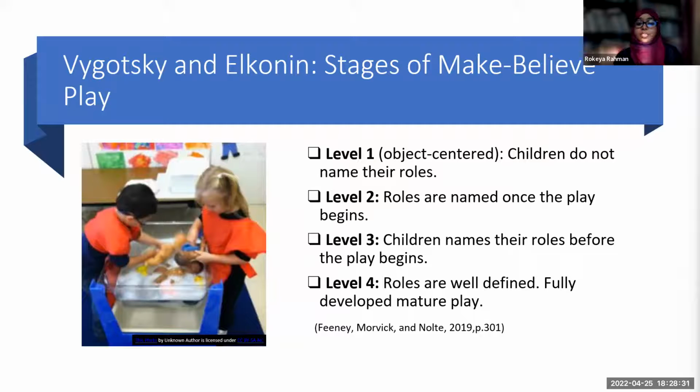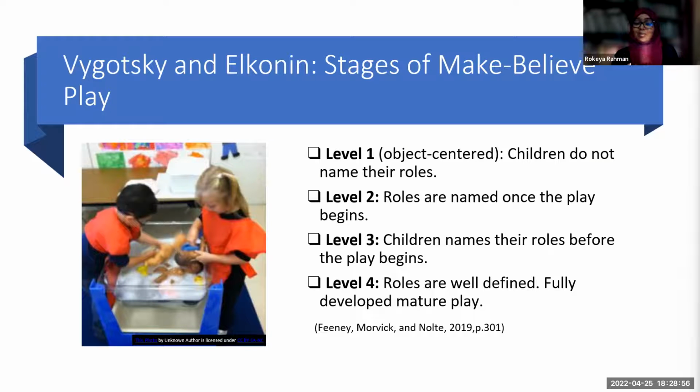And level number 4 is more well-defined and more complex. Older children in that level, roles are well-defined and fully developed, or mature play. That means they come up with a whole storyline. Today, we're going to play Power Rangers and you are the pink one, or today we're having a special birthday party.